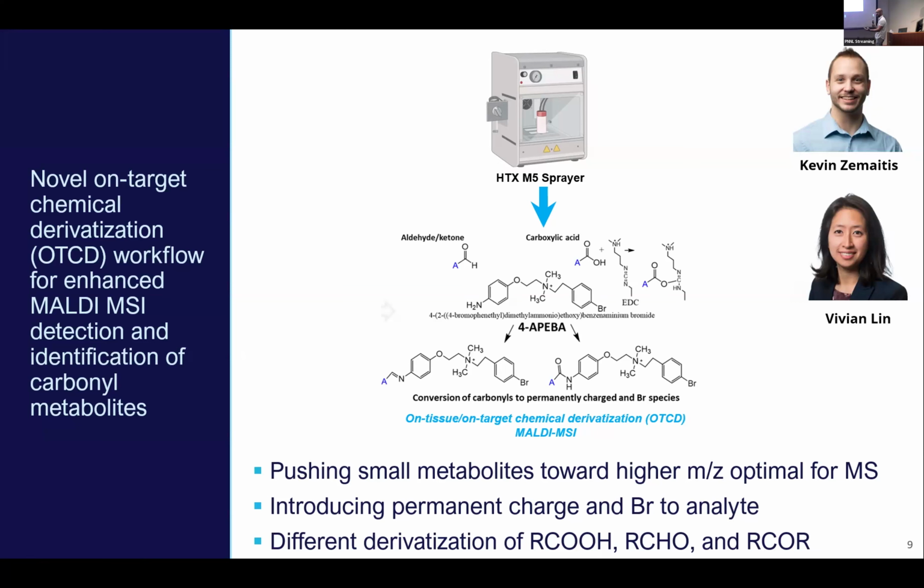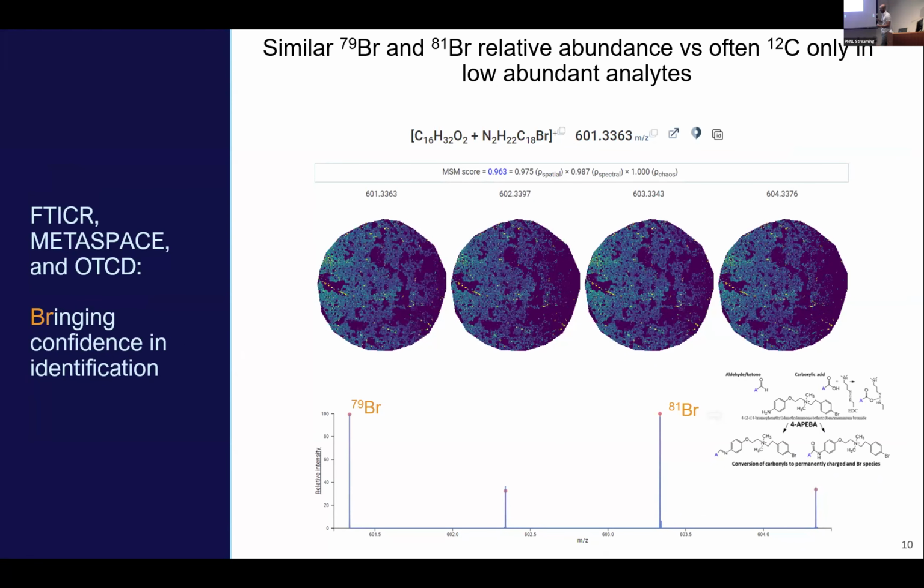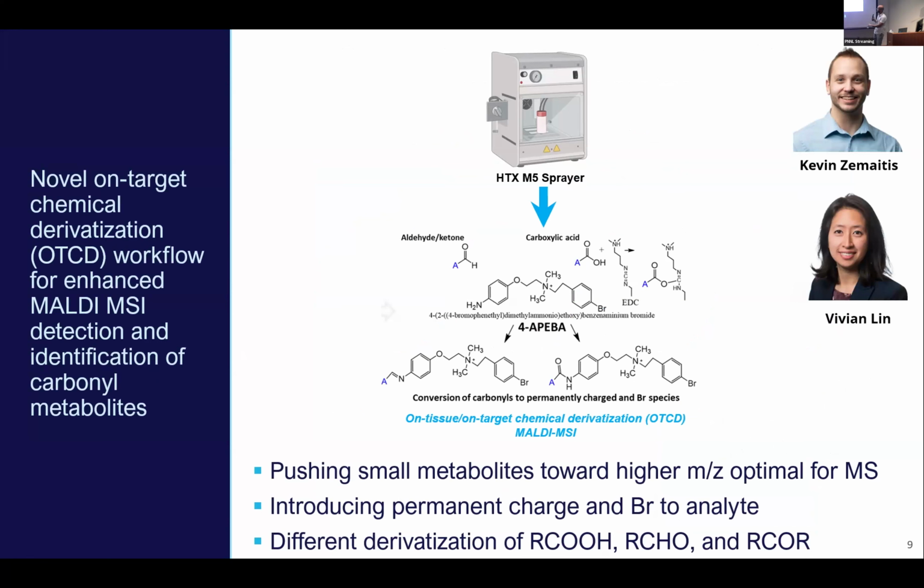So we boost their sensitivity in terms of ionization, of course, but also because we added a tag to the molecule, we push small metabolites toward higher masses that are optimal for our mass spectrometers. And also because the chemistry of derivatization is different for aldehydes, ketones, or carboxylic acids, we can even distinguish isomeric species composed of those functional groups. So this is an example; if you see here, this derivatization compound contains a bromine atom in its structure.